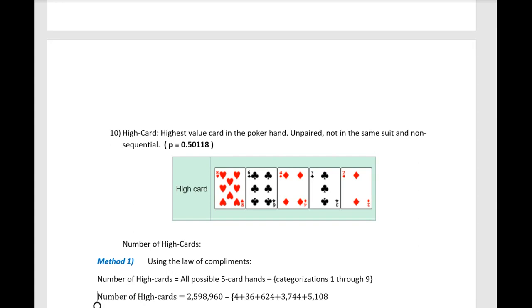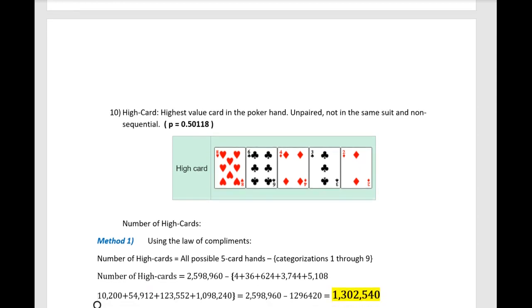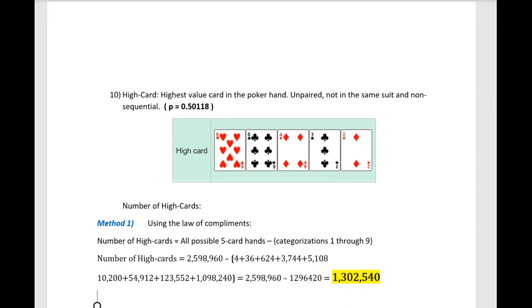To assess the count of high cards, we're going to look at all possible 5-card hands and then subtract all the categorizations 1 through 9 above from it. And when we do that, we're going to come up with over 1,300,000 possible high cards. Again, this would be the easiest way out. And then there are 2 other ways.